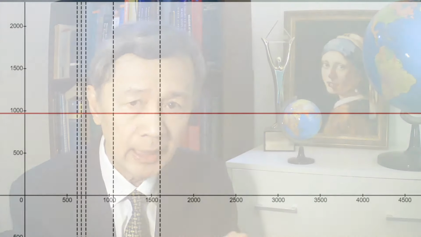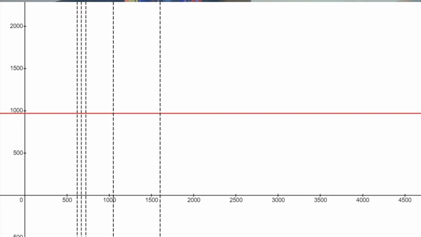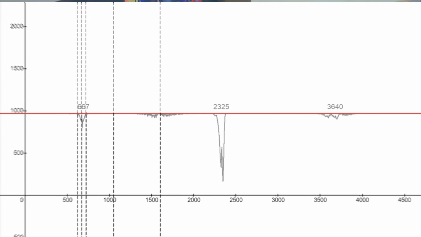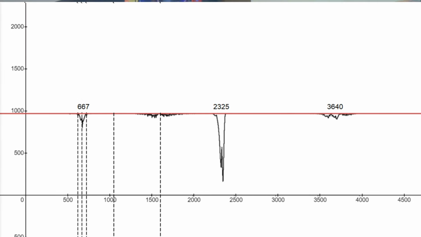Assuming the infrared source is uniform in its intensity at different wave numbers or frequencies, as described by this horizontal line, any CO2 absorption spectra would appear as upside-down peaks or bands because the incoming intensity is attenuated.